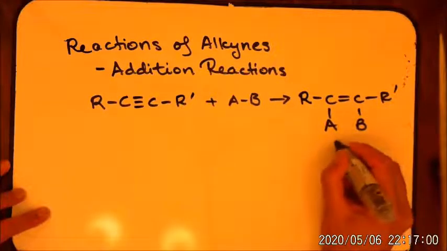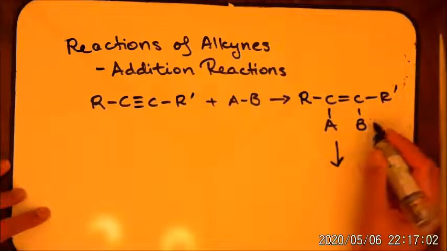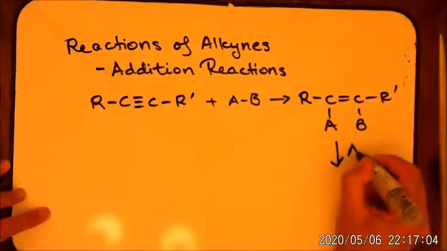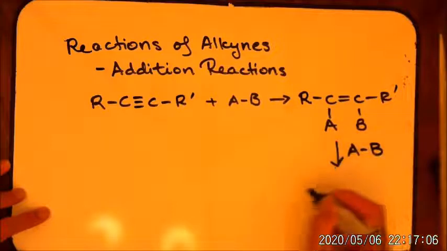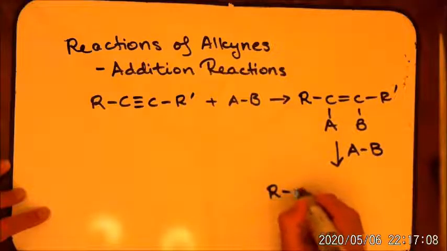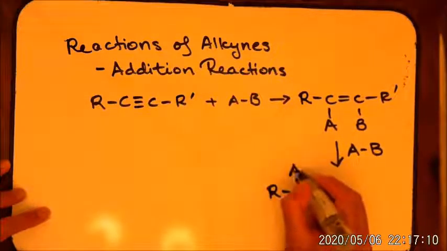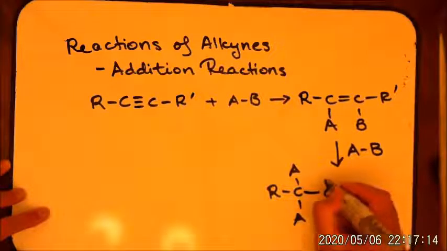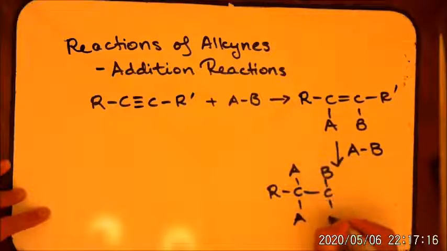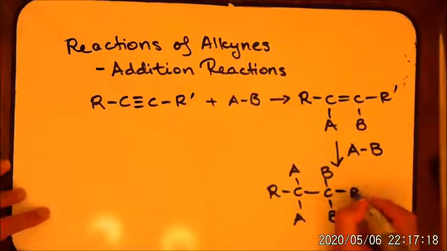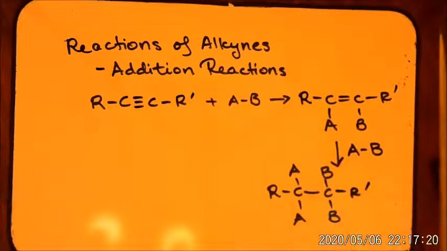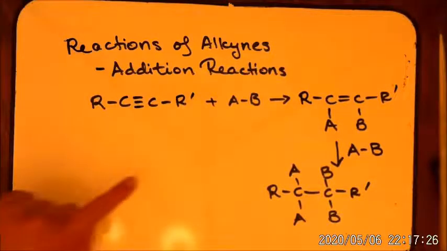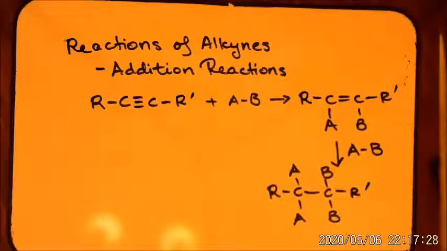Now I take this and I add another AB, and so you get two additions across my alkyne. Okay, so let's talk about first things first. Let's do this with hydrogenation.